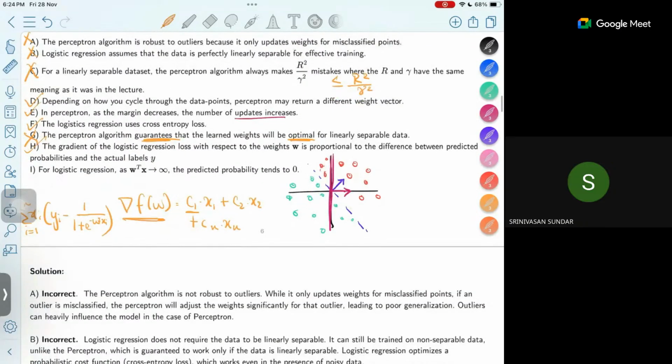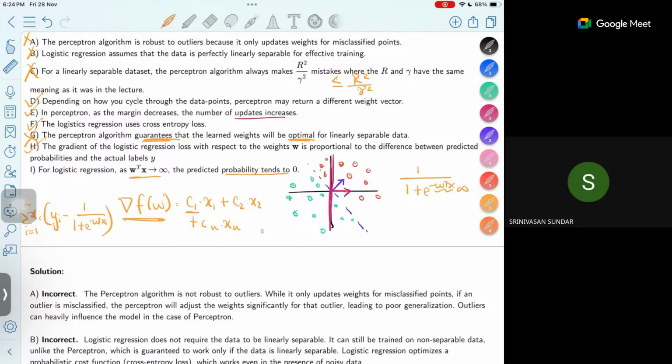Now for logistic regression, as w transpose x tends to infinity, the predicted probability tends to 0. That is also false, because the predicted probability is basically 1 by 1 plus e power minus of w transpose x. So if you replace this with infinity, of course, you have to do this under a limit. Otherwise, you can't simply replace it with infinity.